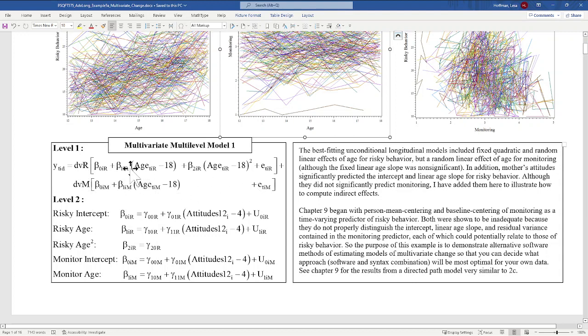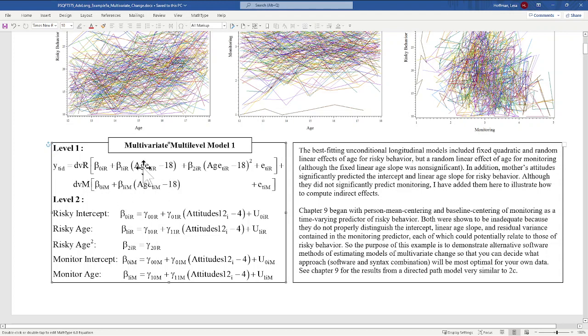So the way I've written this is the way that it would be estimated using univariate software, in which you would have to trick it into doing a multivariate analysis by double stacking your outcomes into the same column. So this would be one Y that contains all of the outcomes for risky behavior and monitoring, in which I have these DVR and DVM dummy codes that operate like switches to control which outcome is being predicted by which term in the model.